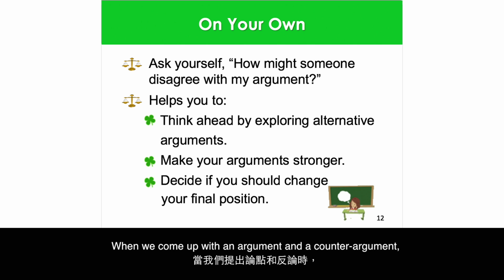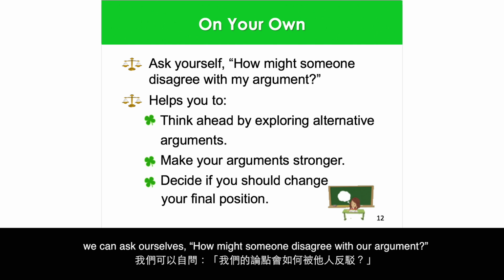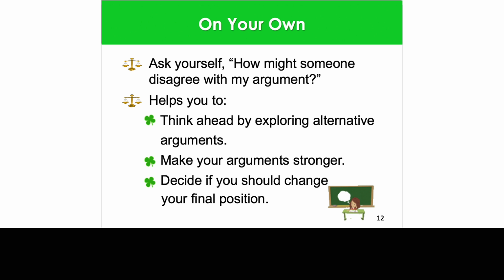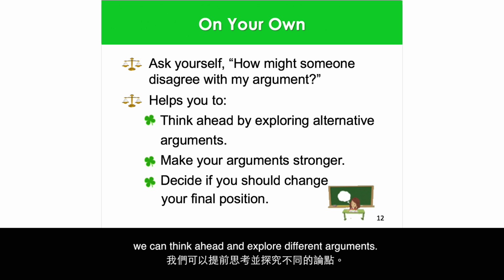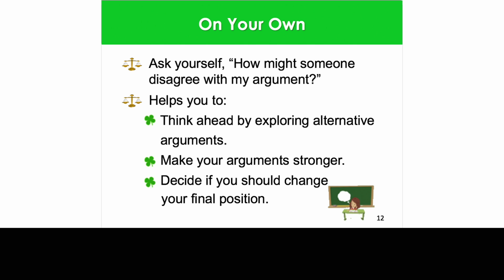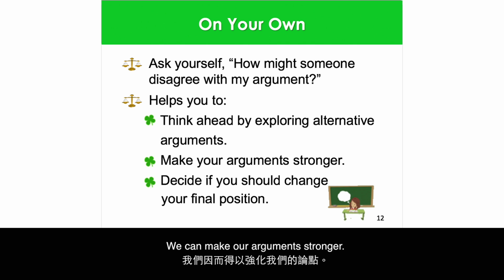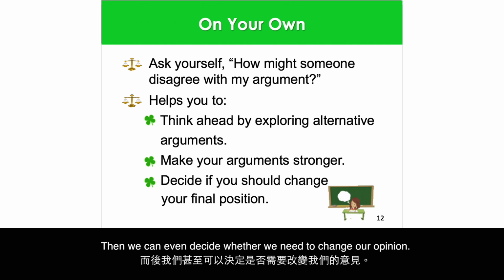When we come up with an argument and a counter-argument, we can ask ourselves, how might someone disagree with our argument? By asking and answering this question on our own, we can think ahead and explore different arguments. We can make our arguments stronger. Then we can even decide whether we need to change our opinion.